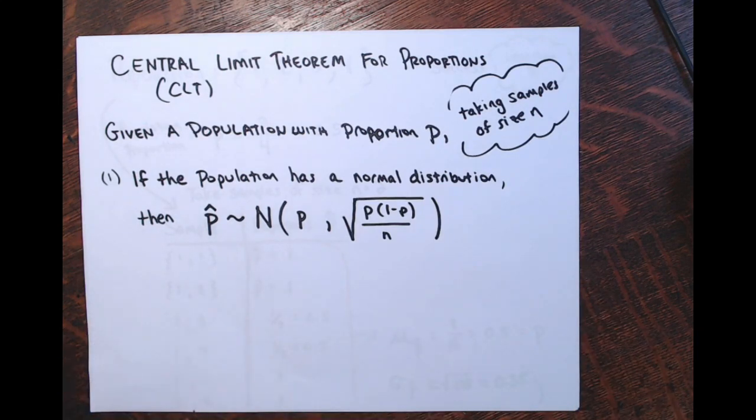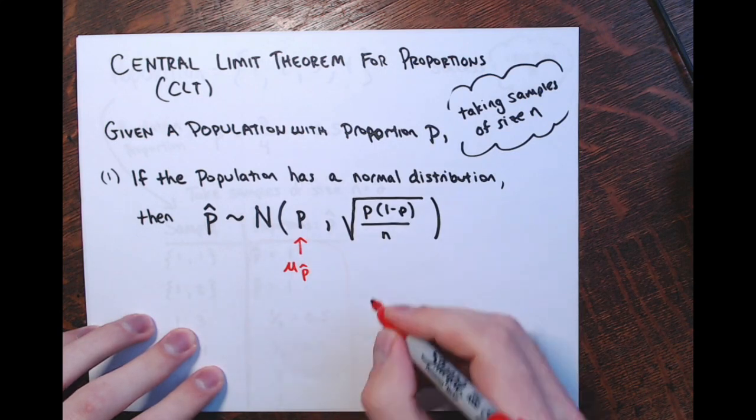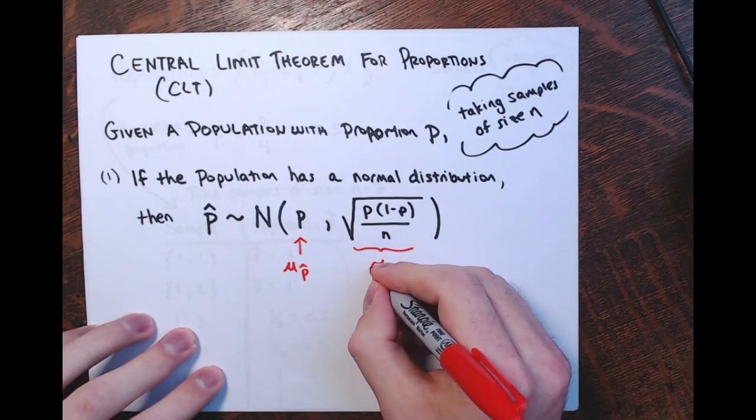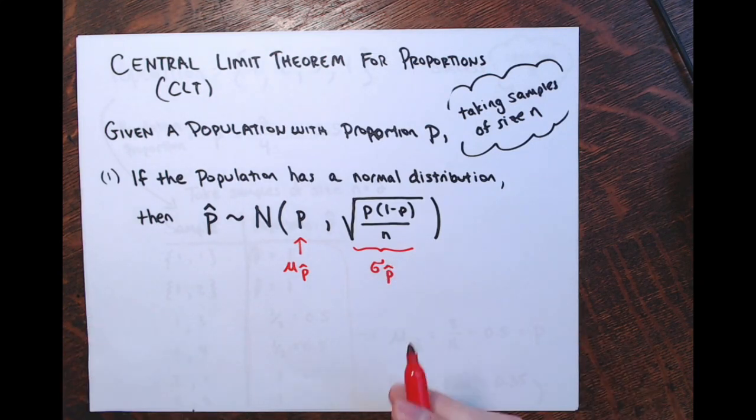The mean of all the proportions is called mu p hat. This is the standard deviation of all those sample proportions, or sigma p hat, or sometimes referred to as the standard error, as you've seen.